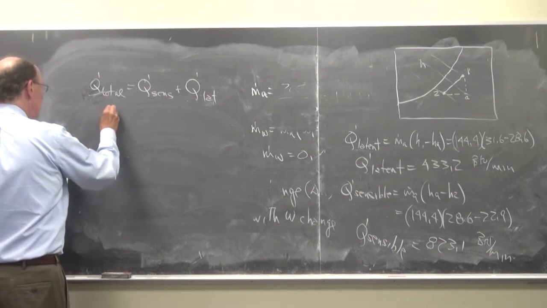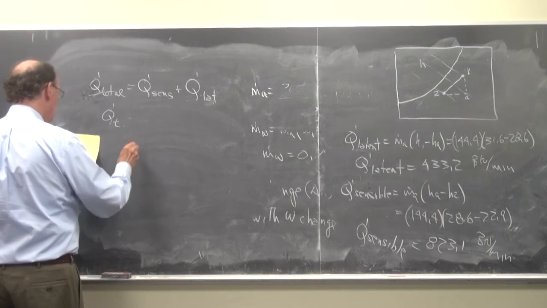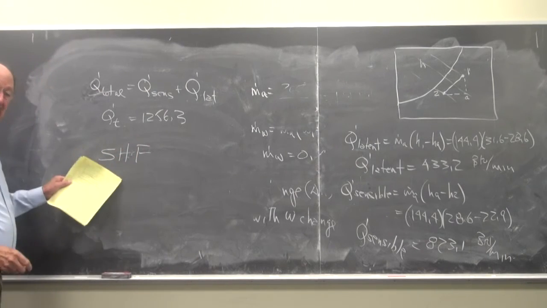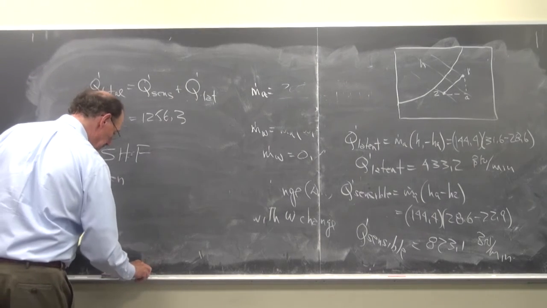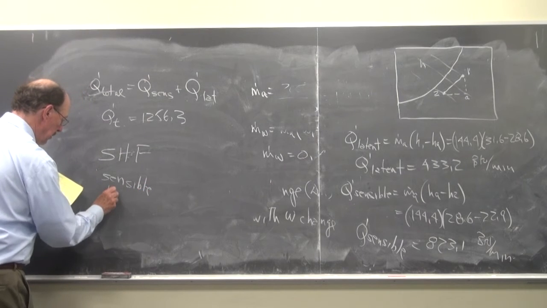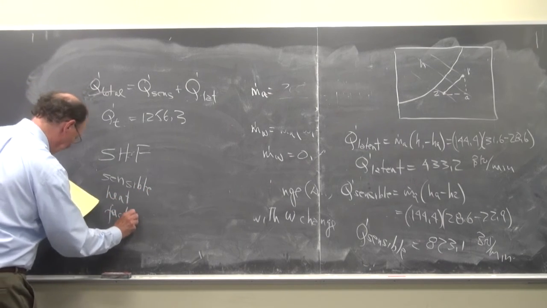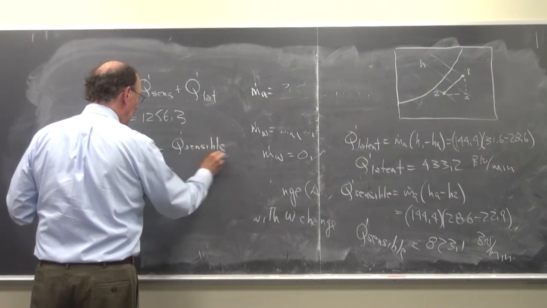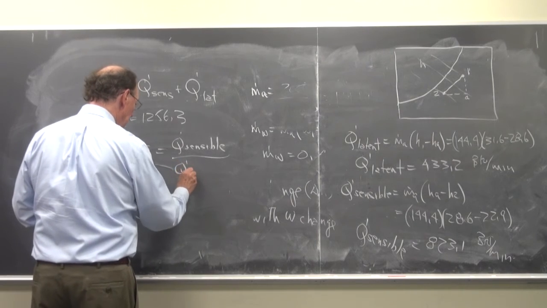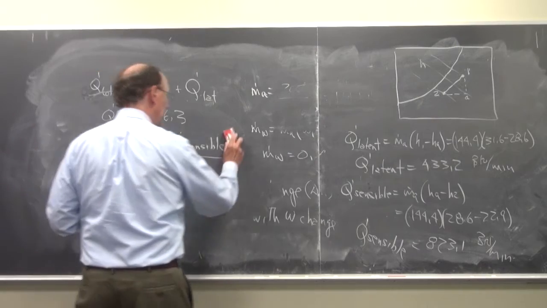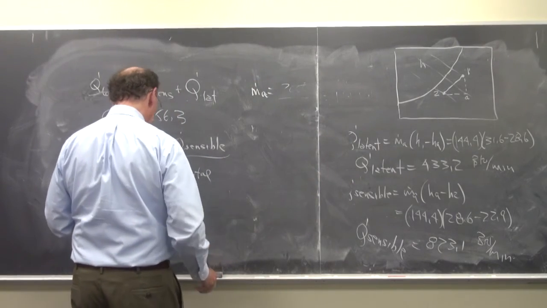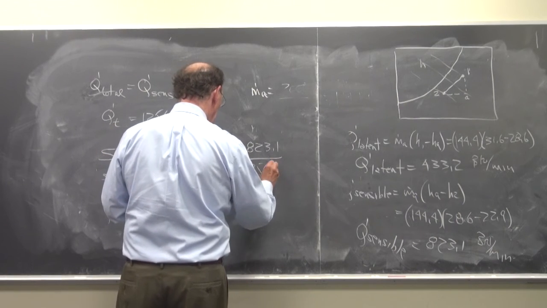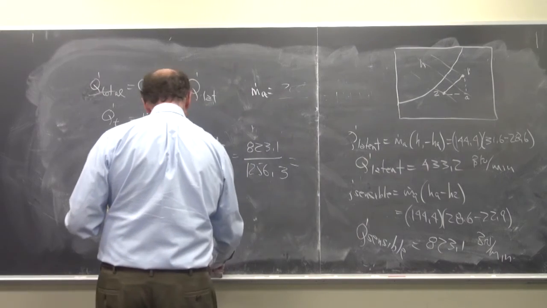So I have then Q dot total is equal to 1256.3, and the sensible heat factor, at last, is equal to Q dot sensible over Q dot total, 823.1 over 1256.3, which is equal to 0.655.